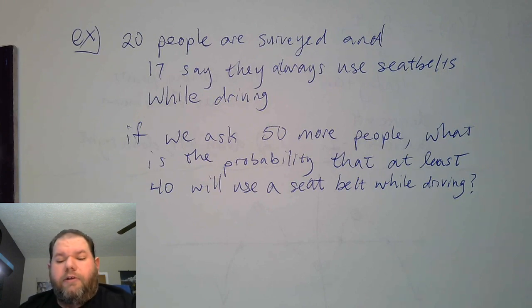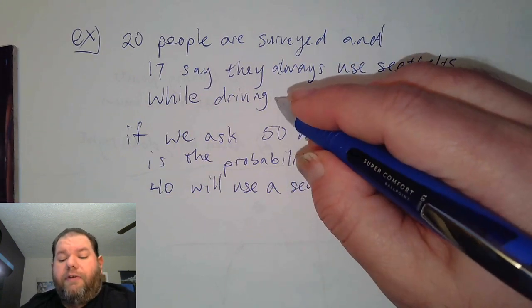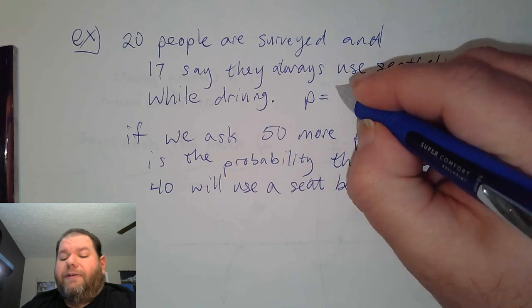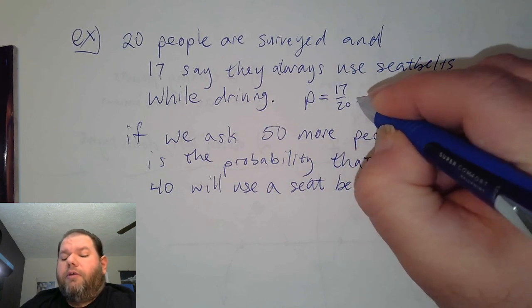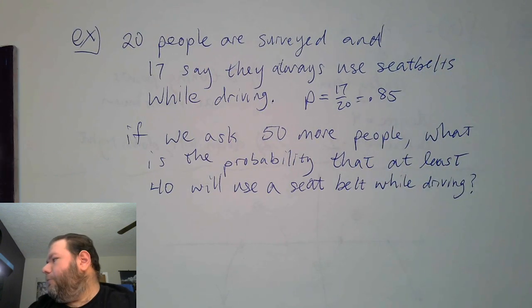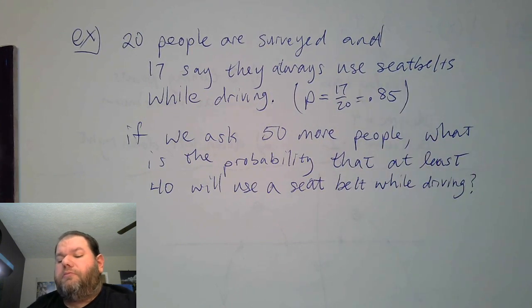So the first part is kind of like problem 3, where we establish the probability of success. So here we're saying our probability of success is 17 out of 20, which is 0.85. And so we continue with that here.